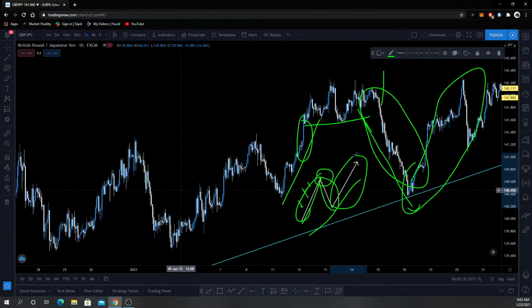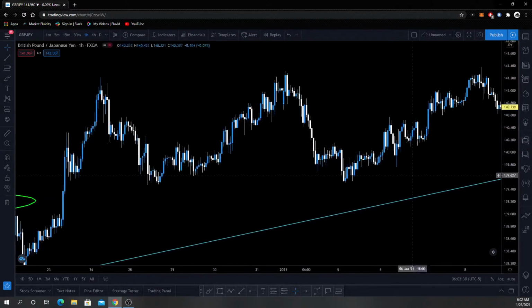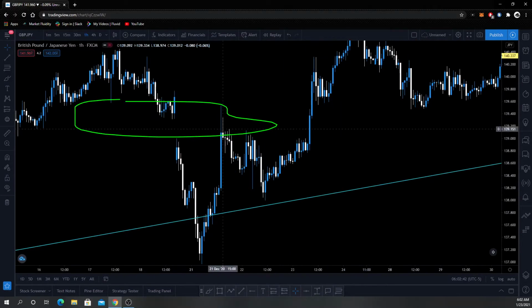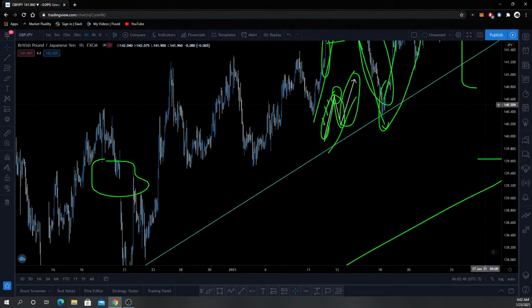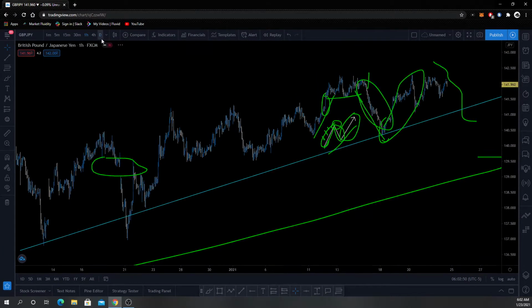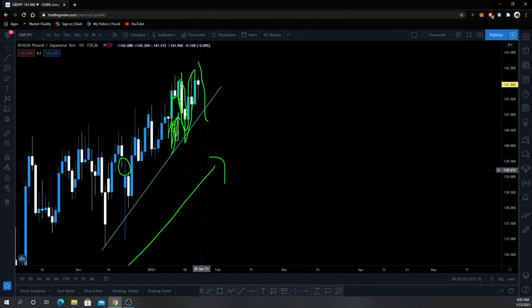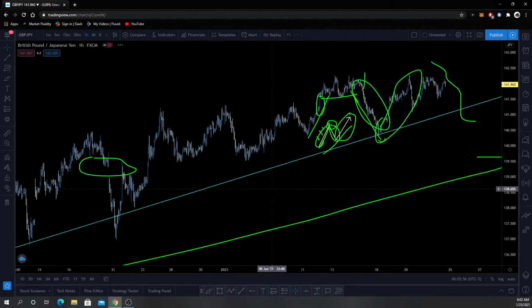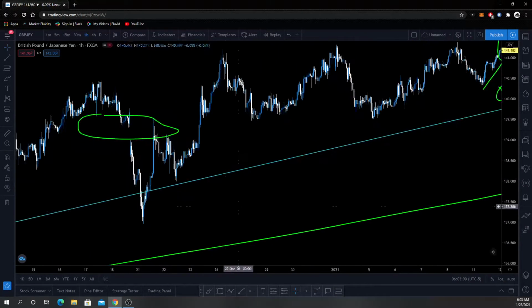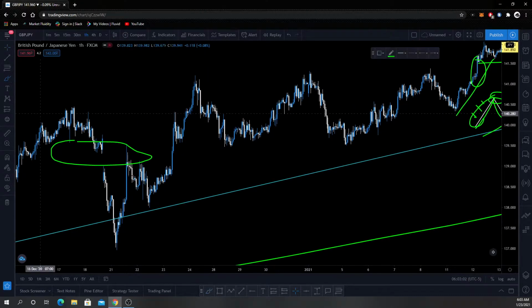So let's look for something similar. So here again, this is the empty space I mentioned before, and if you look on lower time frames, it makes a big difference when compared to a higher time frame where it's just a few candles here. So the same idea comes here again.